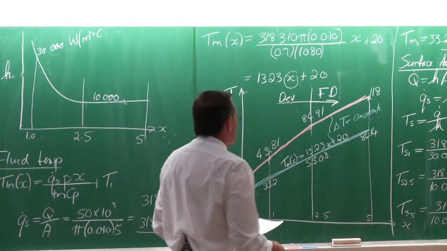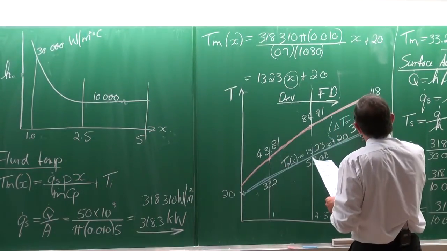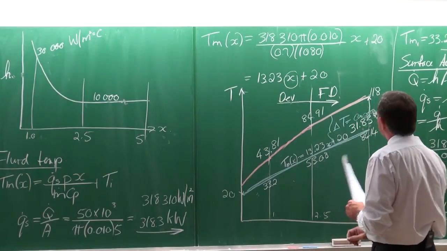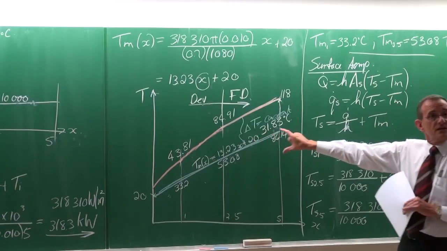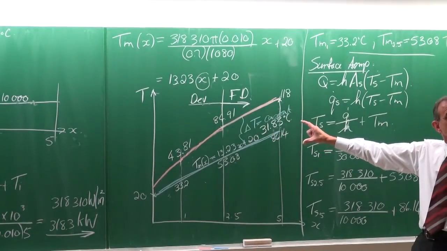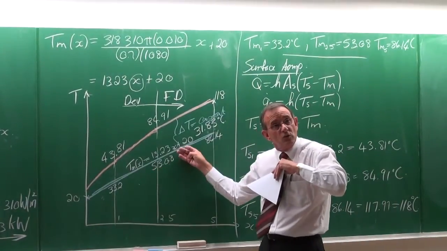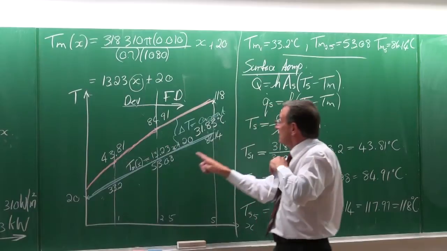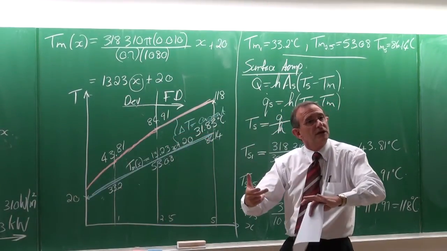Okay. And this delta T that I've written here is equal to 31.83 degrees Celsius. The delta T there is 31.8 degrees Celsius. So coming back to your question in terms of the nuclear reactor, the 50 kilowatts, the only way you can heat water from 20 to 86.14 with that mass flow rate is if you've put in 50 kilowatts.